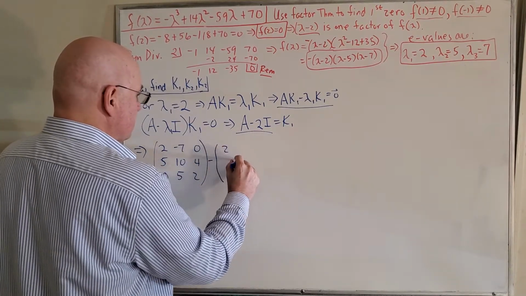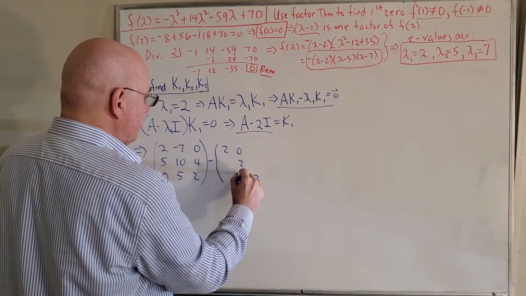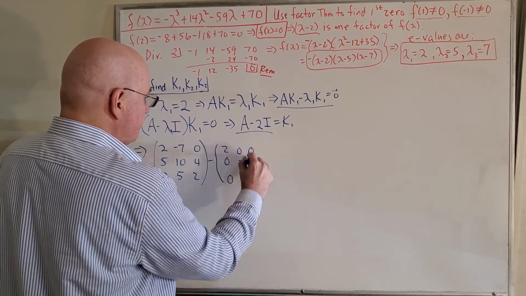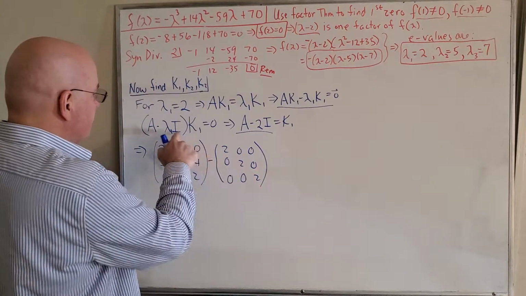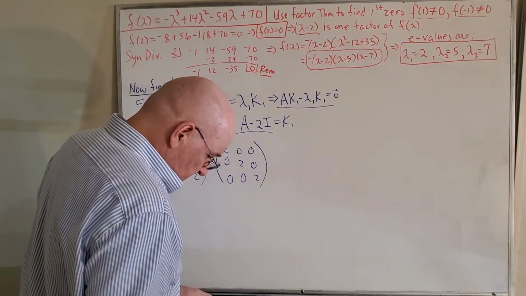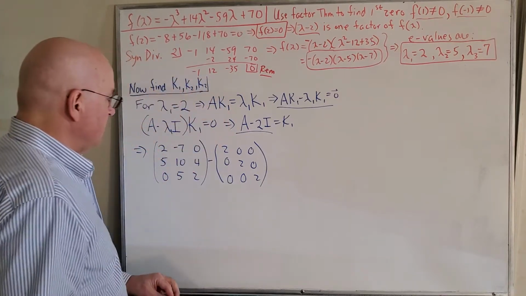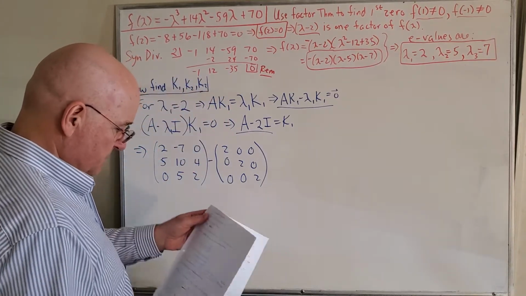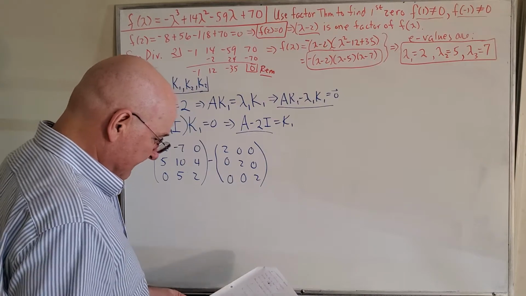That's just 2, 2, 2 down the diagonal. So this is just 2 times I. So that is equal to our k1, our eigenvector.